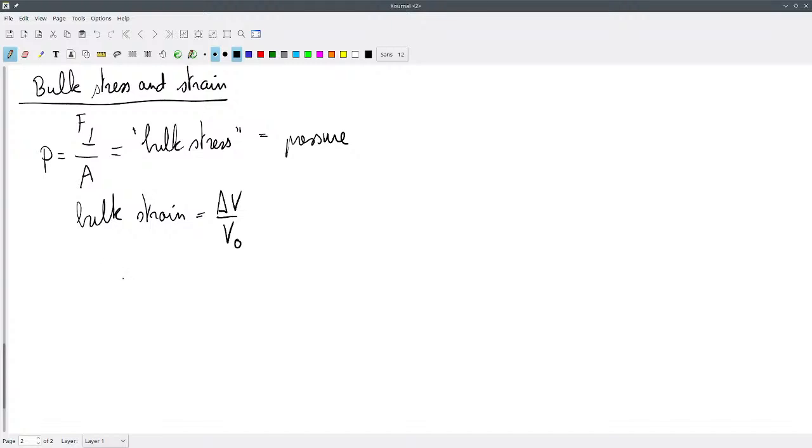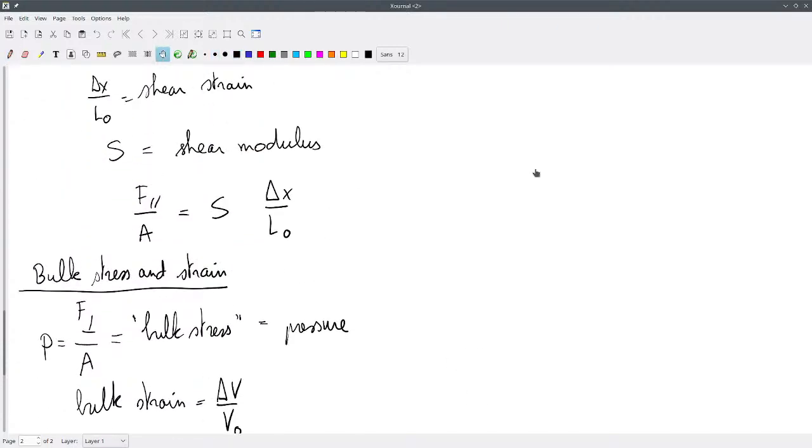So the bulk stress, F perpendicular over A, or the pressure, will be the bulk modulus times delta V over V0. And actually I'm going to put a delta P here, because in many cases we always have some kind of pressure, and so the change in volume is happening because of the change in pressure, not because suddenly there is pressure that appears from nowhere. It is because of the change in pressure.